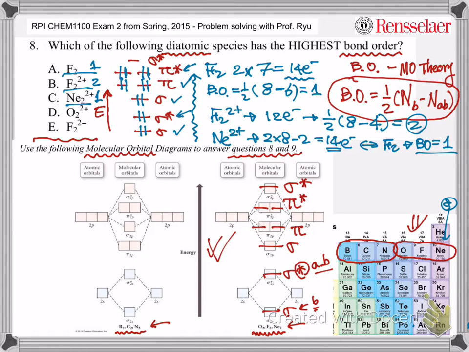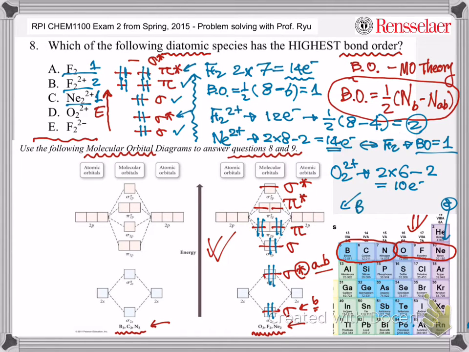And what about O2 2 plus? So oxygen, there are 2 of them. Oxygen has 6 valence electrons, and then you are losing 2 electrons to develop a positive 2 charge, so minus 2. So overall, you will have 10 valence electrons to fill up. Let me use the diagram shown here: 1, 2, 3, 4, 5, 6, 7, 8, 9, 10.